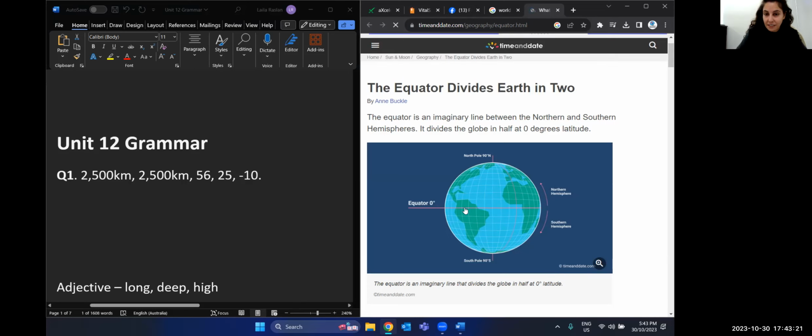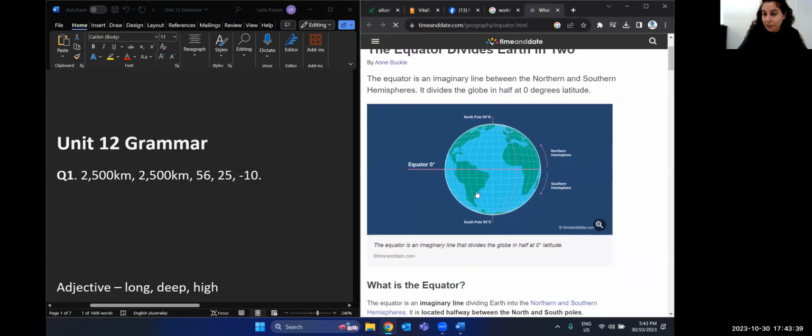I reckon Colombia is very close to the equator. Yeah, like pretty much here, right? Ecuador, Venezuela, very, very close to the equator. So that's a good image of showing where South America is. Brazil, yeah, you're close as well.